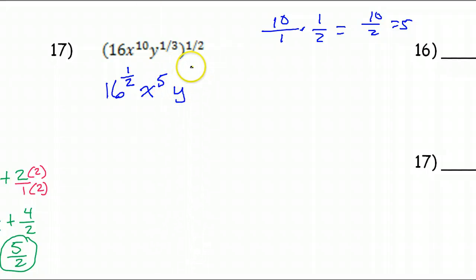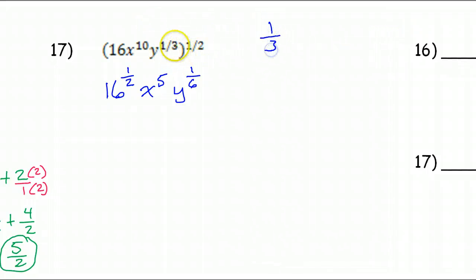I will have y to the 1 over 6 power. And again, I'm doing 1/3 times 1/2. When you multiply straight across, 1 times 1 is 1, 3 times 2 is 6. So that's where I'm getting 1/6 from.